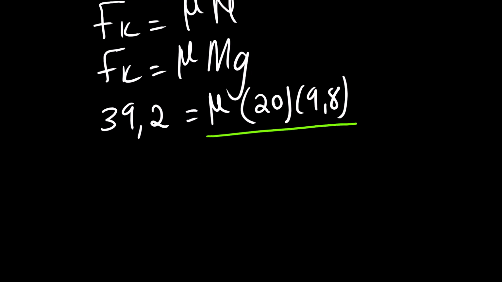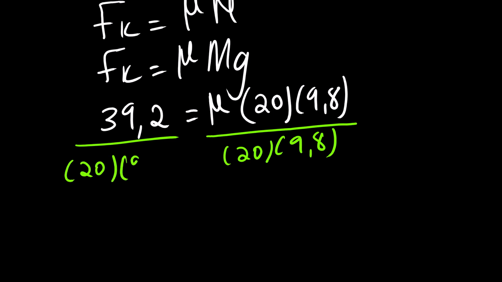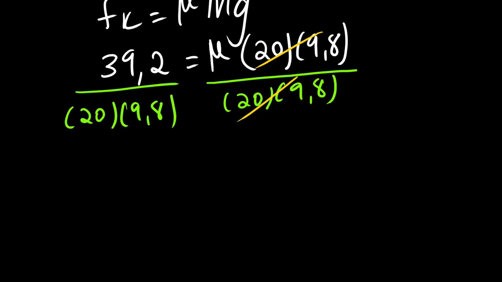Then we divide both sides by 29.8, and this will result in 1. Then our coefficient is equal to 0.2.